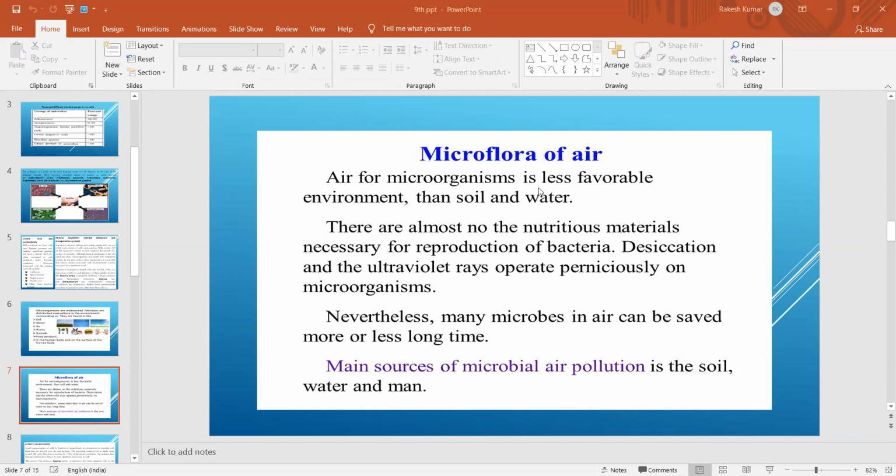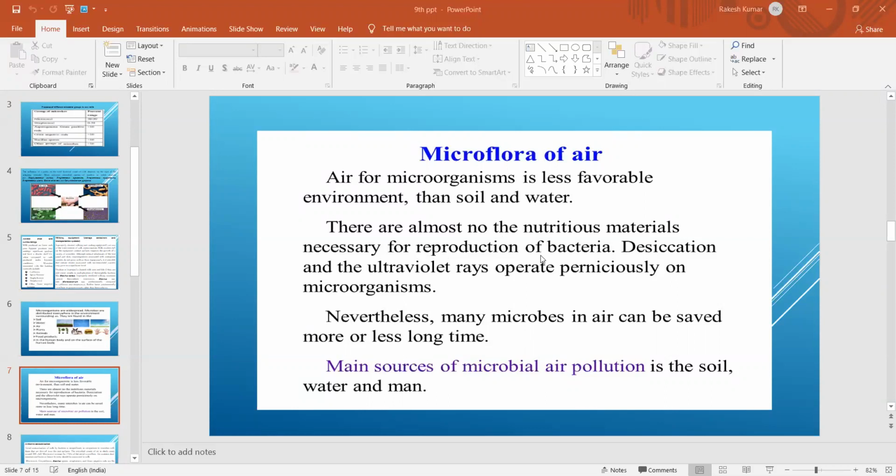First of all, it is important to know something about the microflora of air, how it is coming. Air for microorganisms is a less favorable environment than soil and water. There are almost no nutritious materials necessary for reproduction of bacteria.